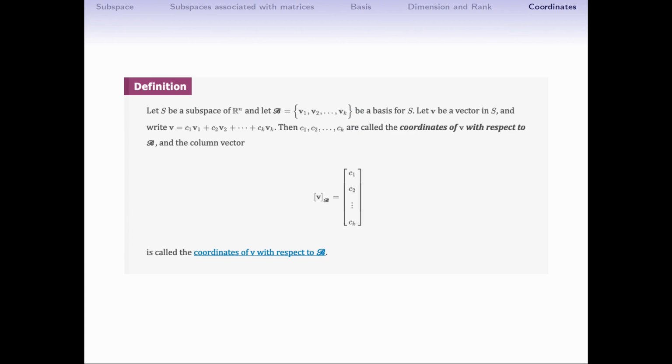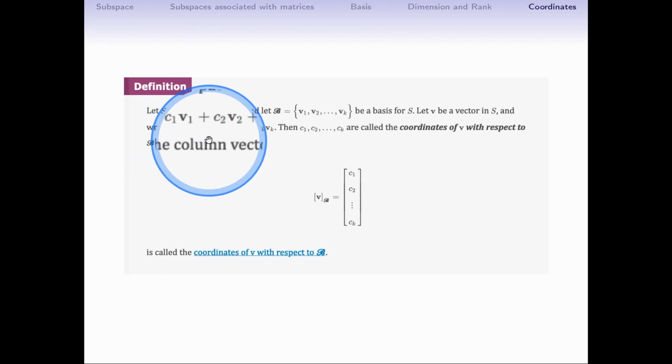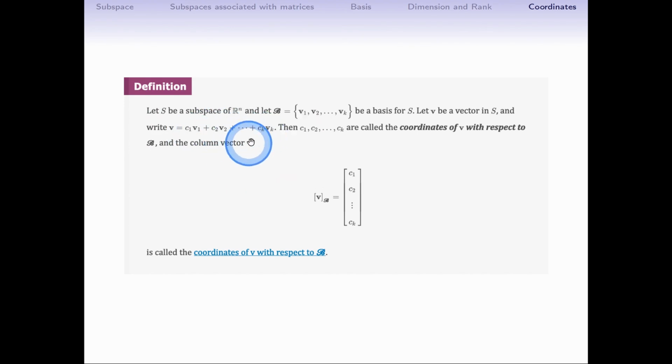Now we can express v as a linear combination of the basis vectors. So let's say that v equals c1 times v1 plus c2 times v2 up through ck times vk. Now these scalars, c1 through ck, are called the coordinates of v with respect to the basis B. Now here's the notation we're going to use.